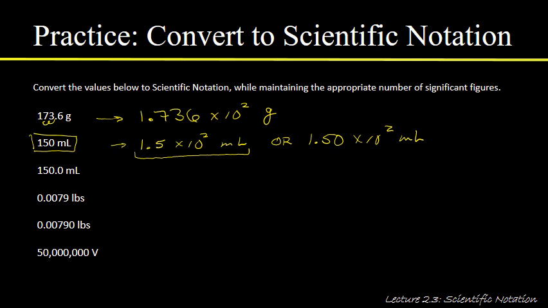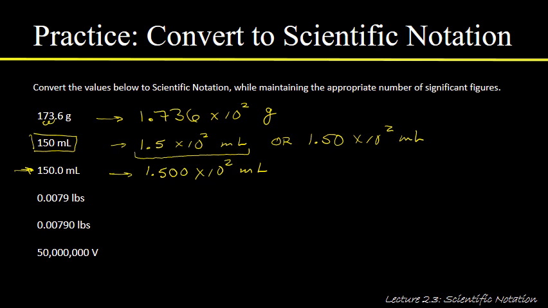Now, if the number 150 milliliters is written this way, here, 150.0, right? Now we know that all of those zeros are significant, and so this number should be written with 4 significant figures. So this is 1.500 times 10 to the 2 milliliters. Okay.